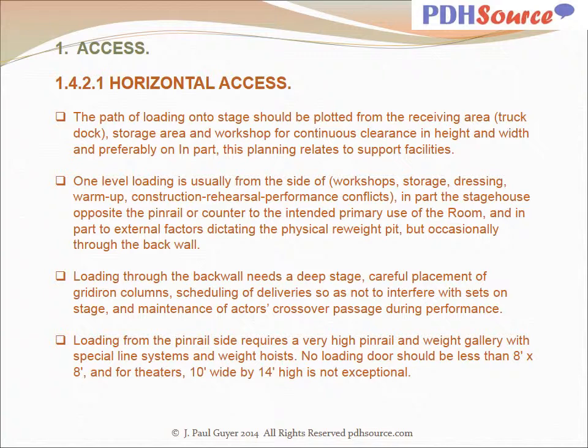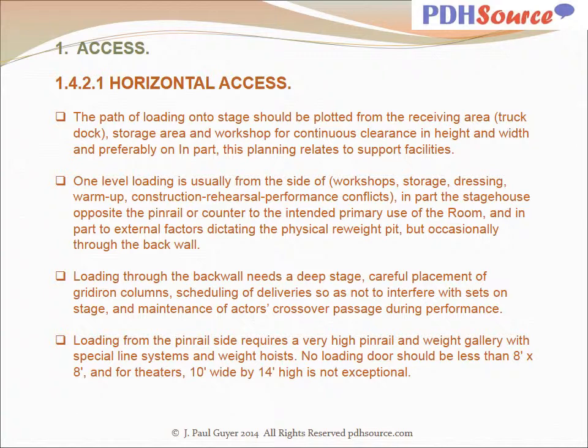Loading is usually from the side of the stage house opposite the pin rail or counter to the intended primary use of the room, and in part to external factors dictating the physical relationships, such as a rear wall or pit, but occasionally through the back wall.